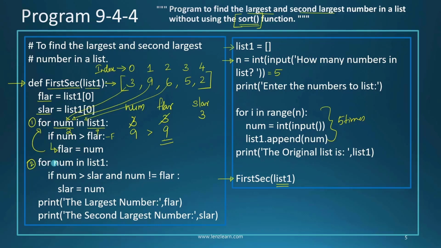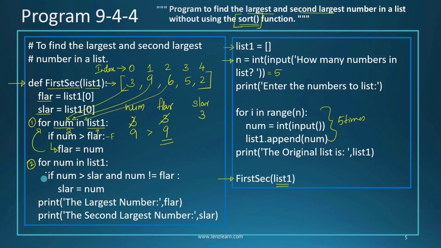Now we see we are running the same logic inside this for loop, but we have a small difference here. We will copy the value of num into slar if num is greater than slar, just like the previous for loop, and num is not equal to flar. So the thing is that I will not consider 9 while I am running this if condition.